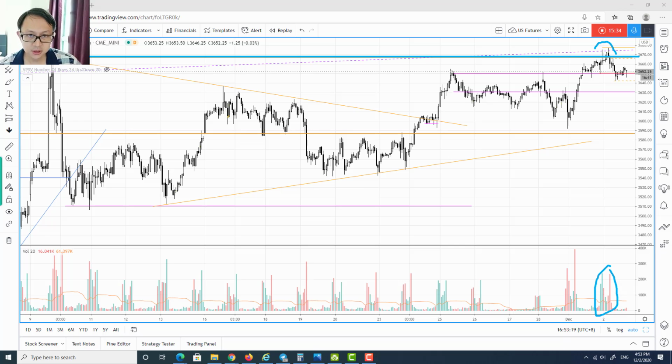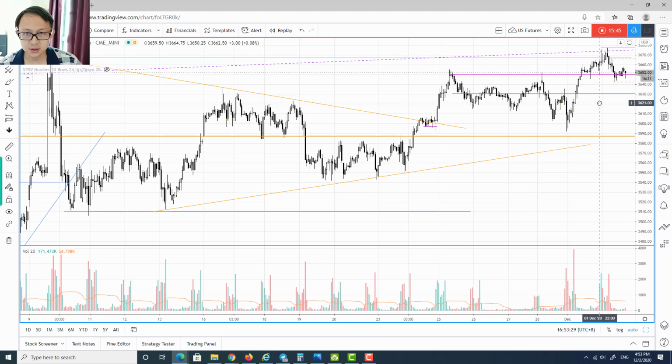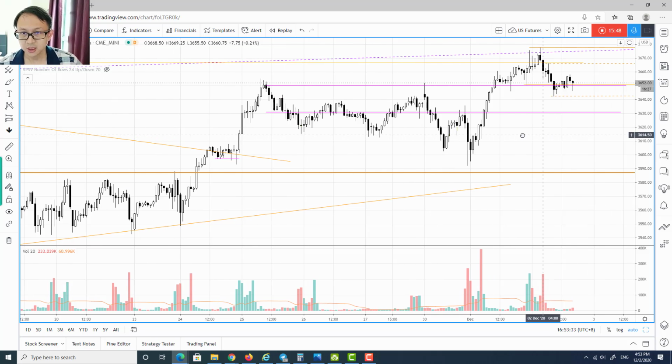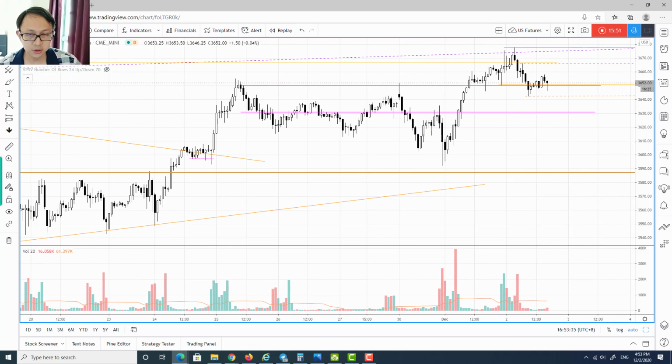So the supply is higher, but it's still not that threatening at the moment. So I expect the upside continuation is intact. It just needs to spend some more time to consolidate before it can break out and start to mark up. You can see that that is a sign of strong rally followed by another reaction.